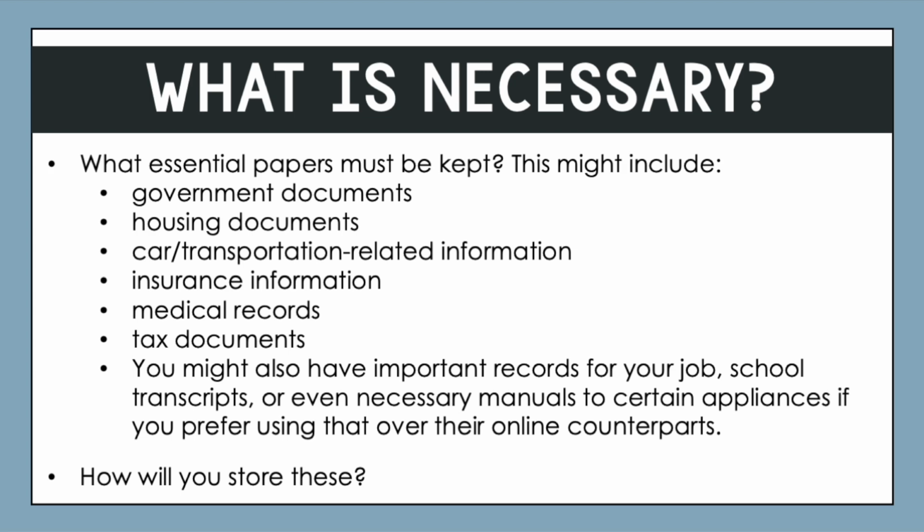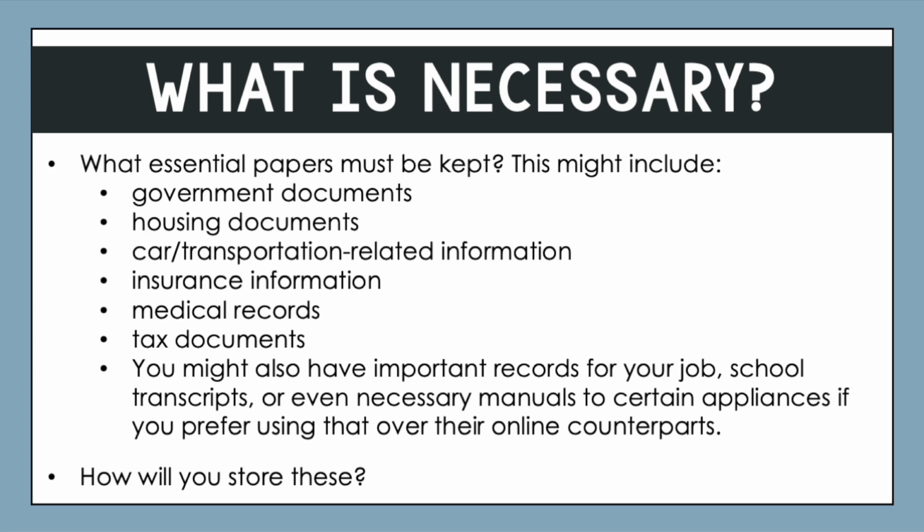First up, what's necessary? This is where we reflect about those essential papers that must be kept. There are many examples of these sorts of resources. They could include government documents, such as a birth certificate. It could include housing documents. This could be mortgage information or apartment leases.